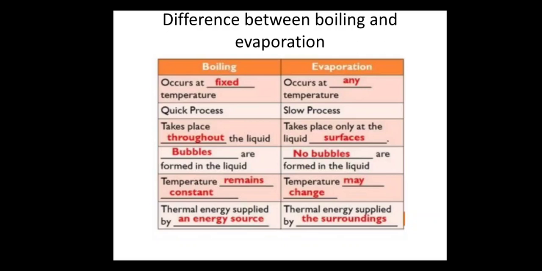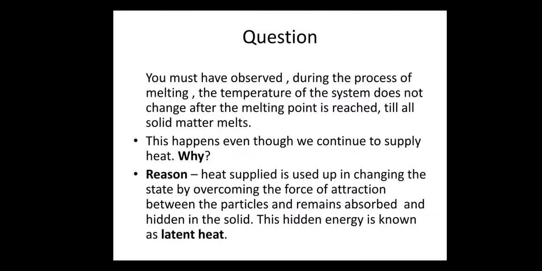Now, a question arises: during the process of melting, the temperature of the system does not change even after we supply heat energy continuously to the system. Why does it happen so? The reason is the heat supplied is used up in changing the state, to overcome the force of attraction between the particles, and remains absorbed and hidden in the solid.